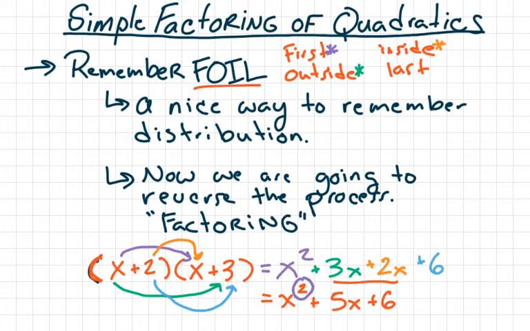All right, so now we're going to reverse that process. We're going to take a quadratic that looks something like this and make it into two binomials. So you're going to have two binomials at the end of this process. Let's go through an example.